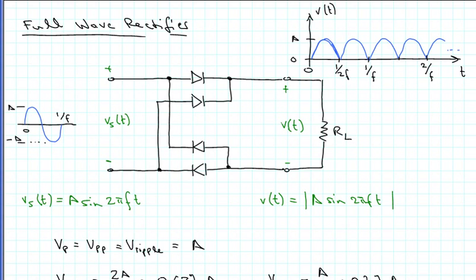To improve the efficiency of the AC to DC conversion, we can use a full wave rectifier, and that uses 4 diodes. So we're going to take a look at how current flows through here during the positive half cycle and during the negative half cycle.